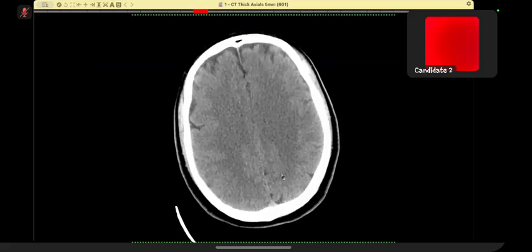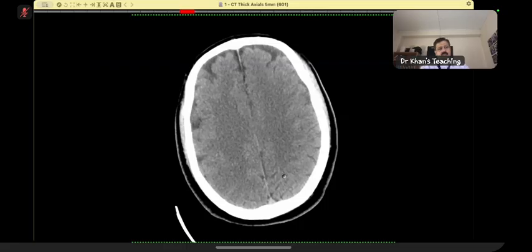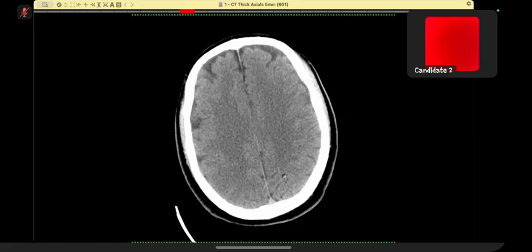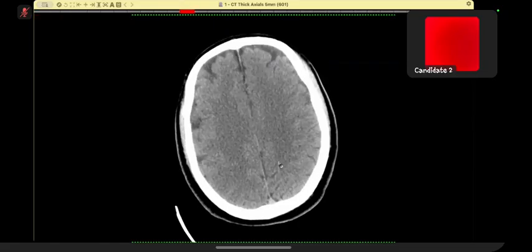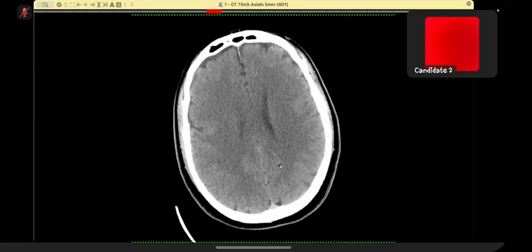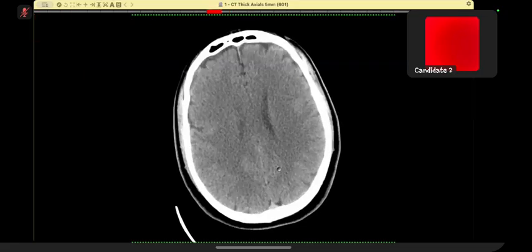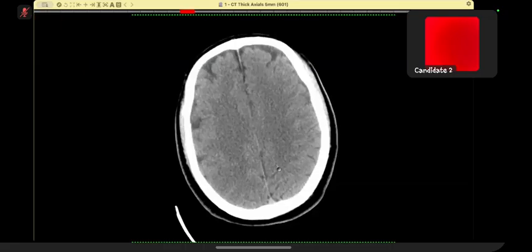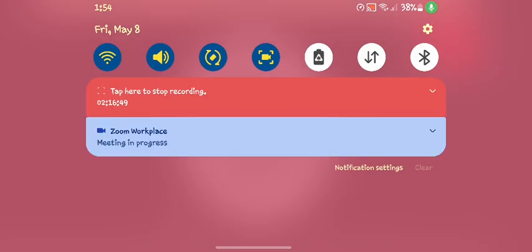If it's an old age, this could represent underlying... I told you the age, it was 47. Yes. So this could represent an underlying white matter disease, which could be causing this abnormality. So I would like to suggest an MRI to further delineate.